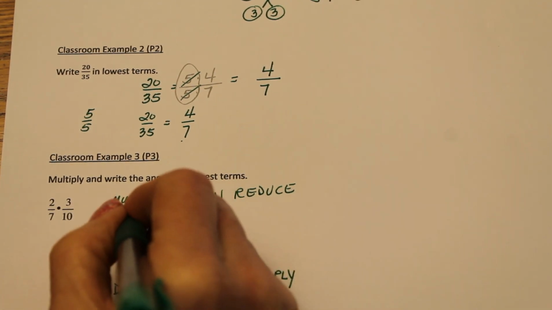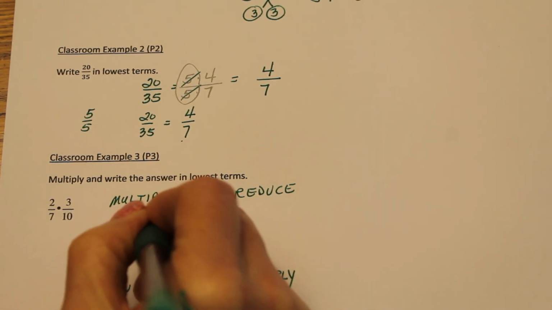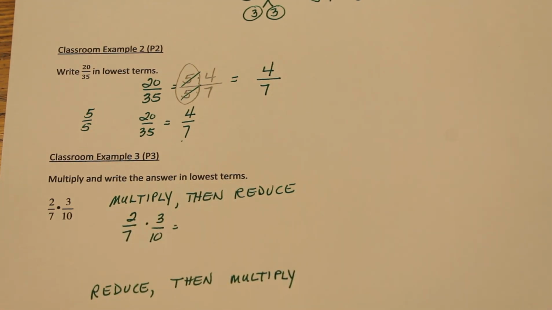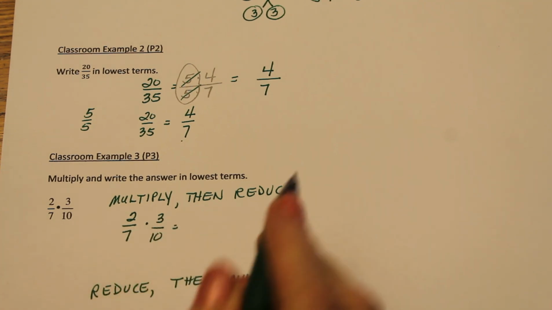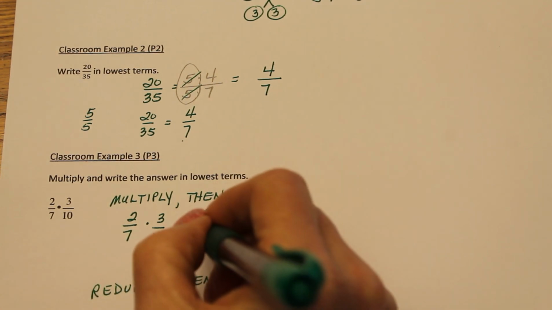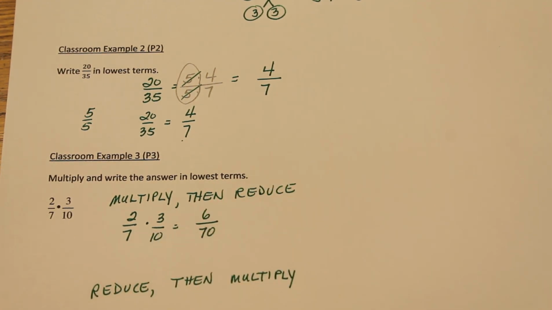So if I have 2 over 7 times 3 over 10, when you multiply fractions, you just multiply your numerators. 2 times 3 is 6. And 7 times 10 is 70. So I have 6 over 70.